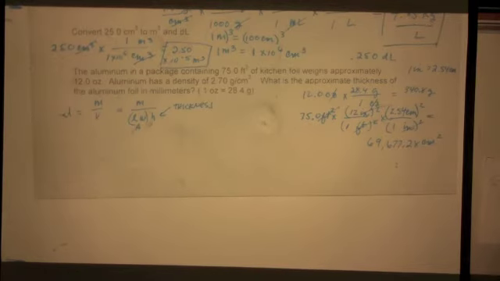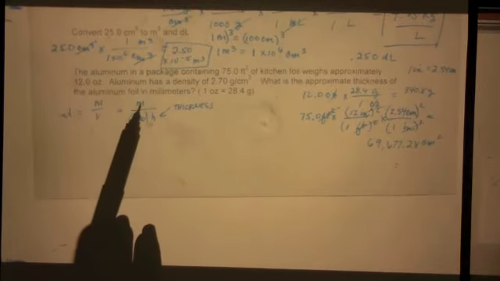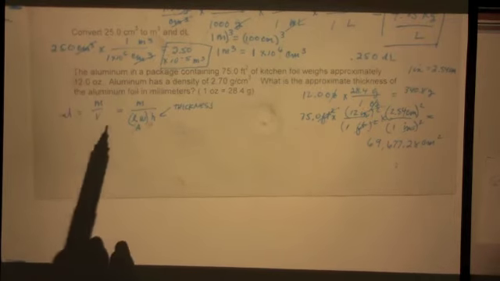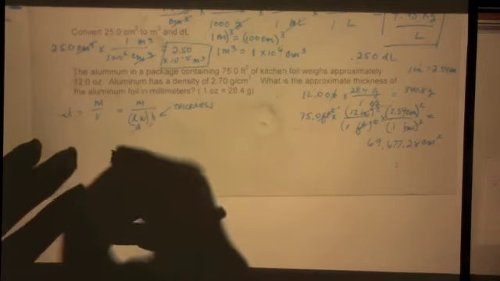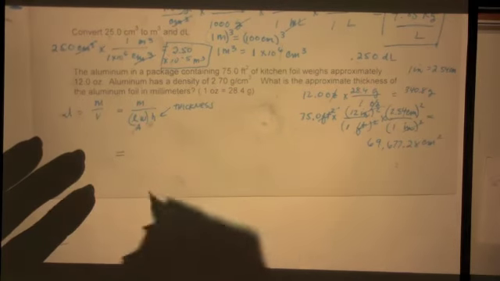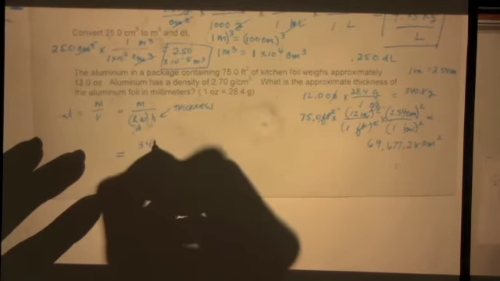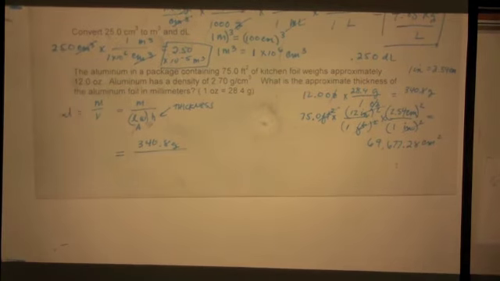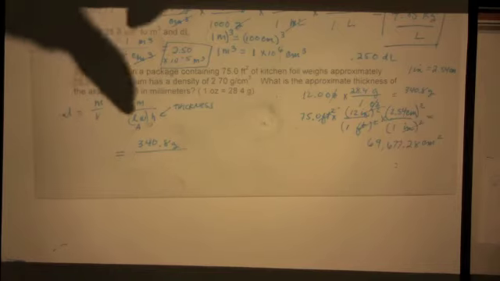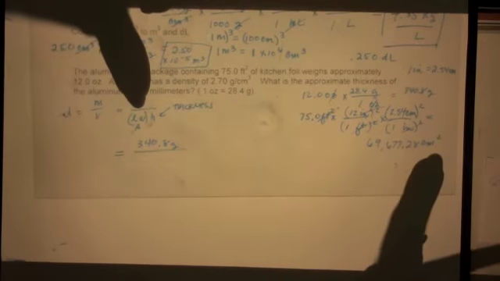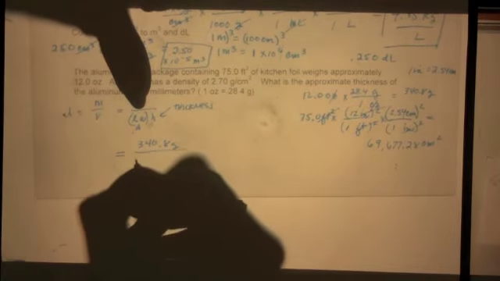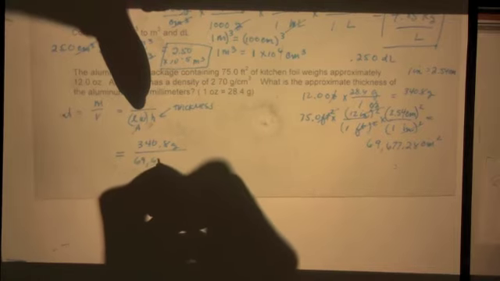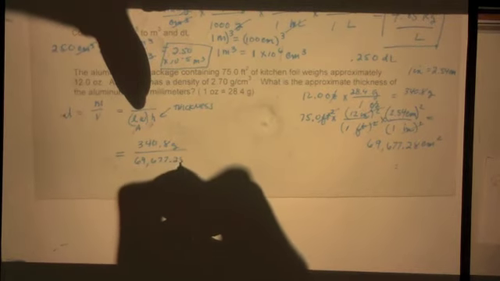All right, now where were we? Oh yeah, okay. So now we have the mass. Let me put that in here. The mass was 340.8 grams when we converted it to grams. Now I have the area in square centimeters, and it is 69,677.28.